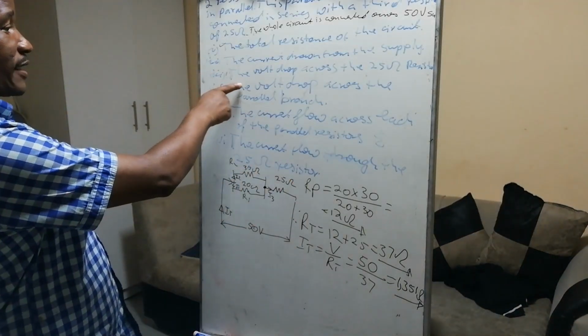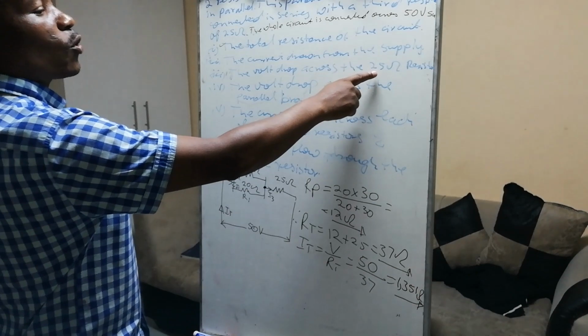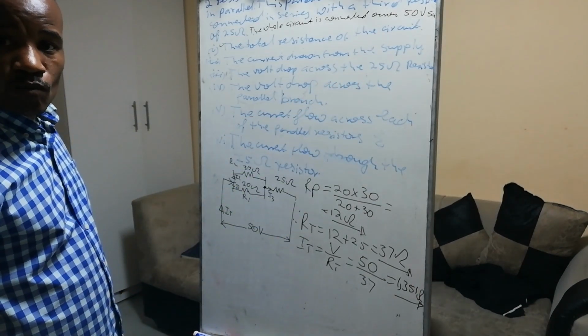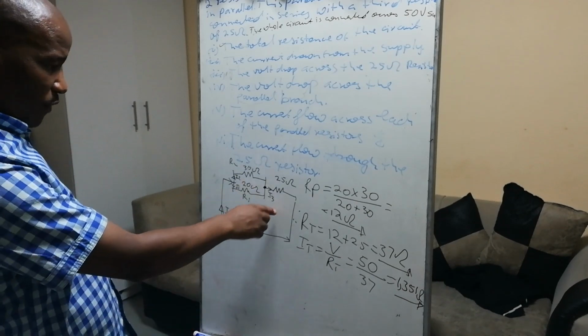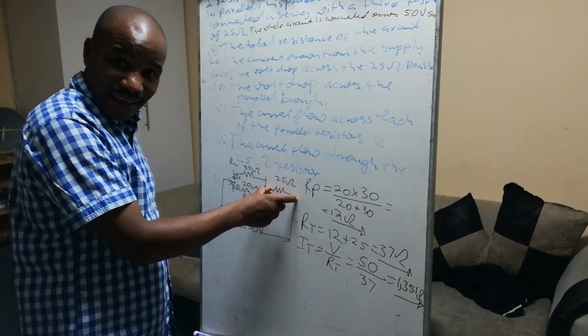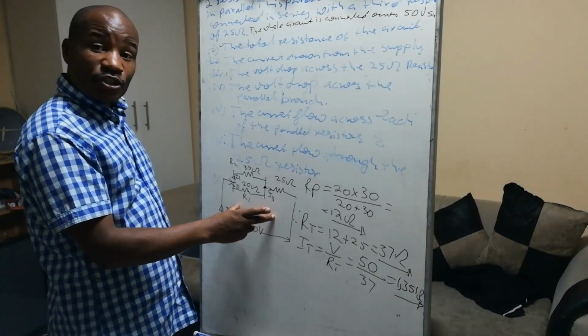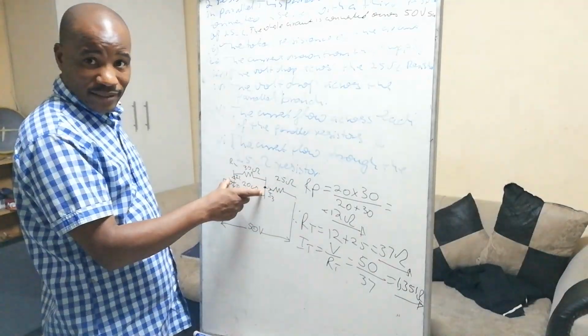And you are requested again the voltage drop across the 25 ohm resistor. Obviously, in this case, it is a combination of series and parallel.